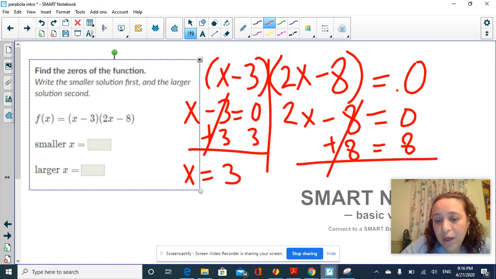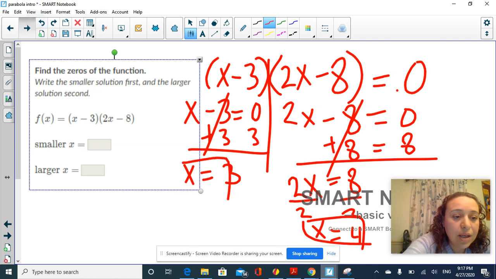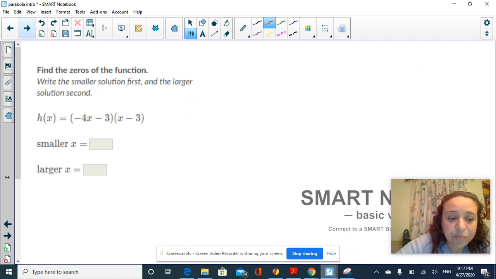Now we have 2x equals 8. 2x means x multiplied by 2. What is the inverse of multiplication? Yes, it's division. We divide by 2. Now x equals 4. This is the second solution, or the second zero of the function.